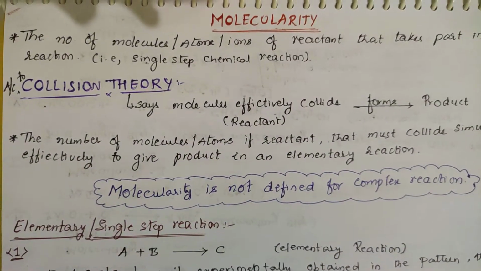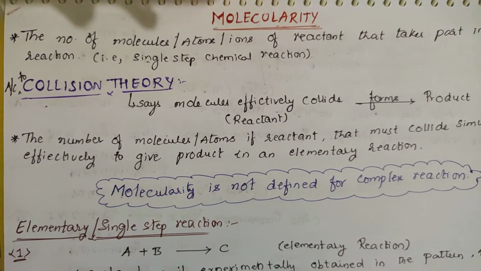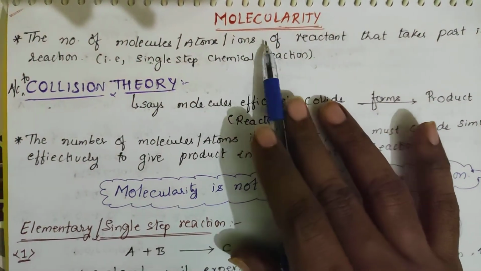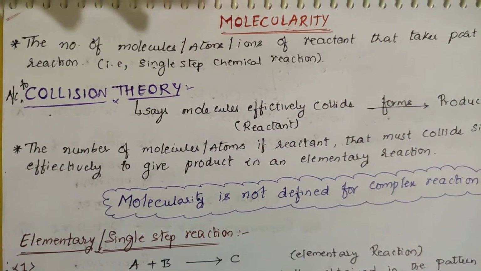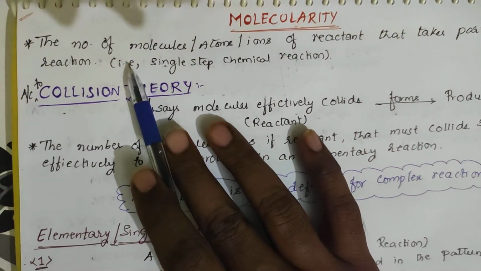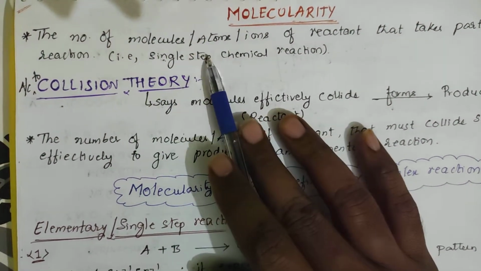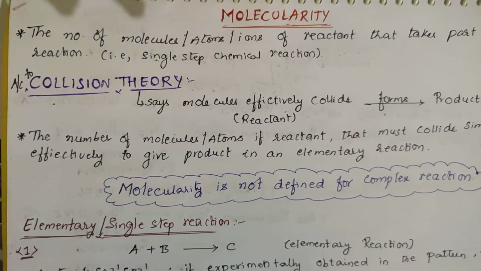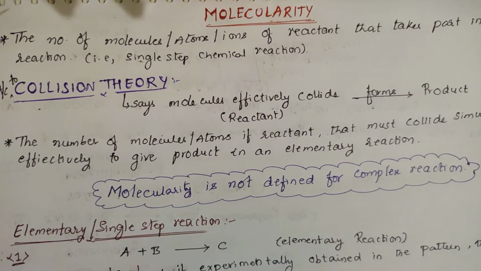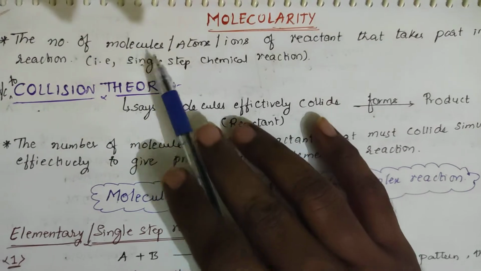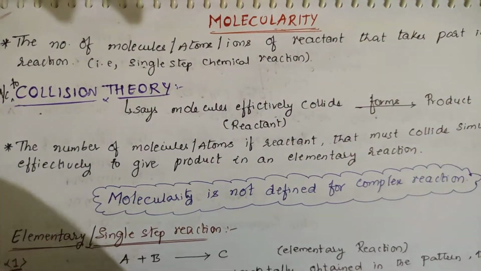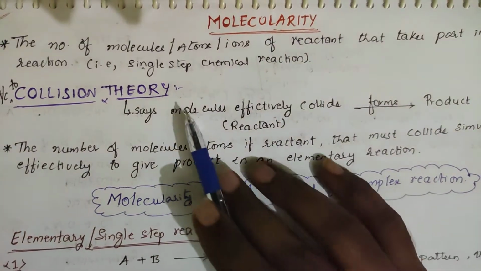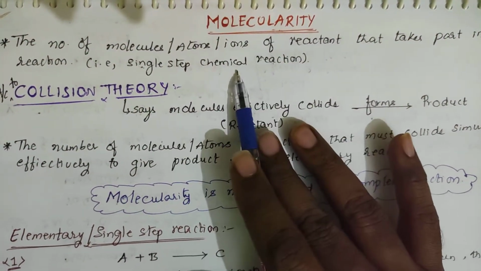Now let us go for one more topic, that is called molecularity. What does it say? It is the number of molecules, atoms or ions of the reactant that take part in a reaction, and that too in a single step.